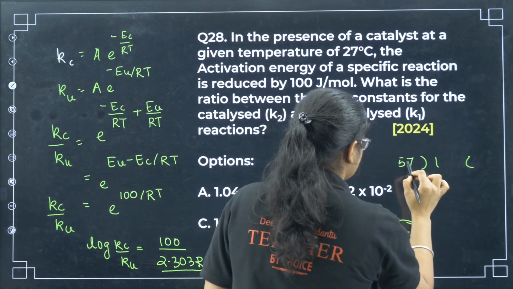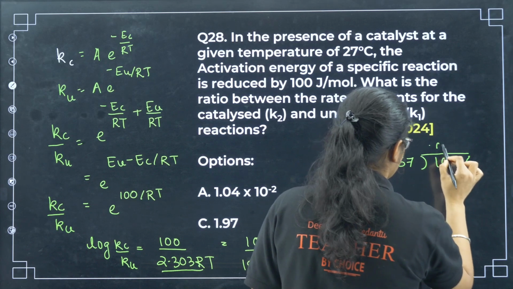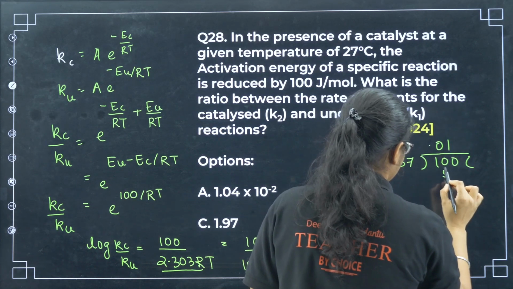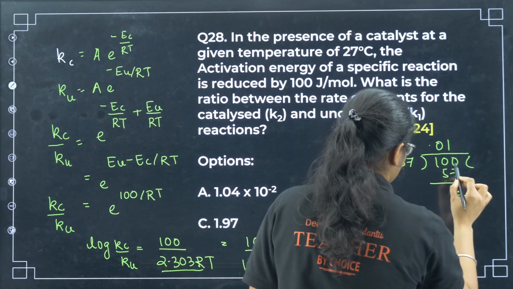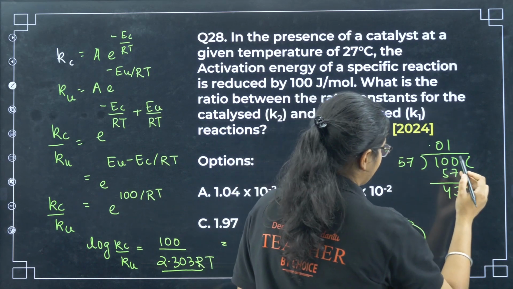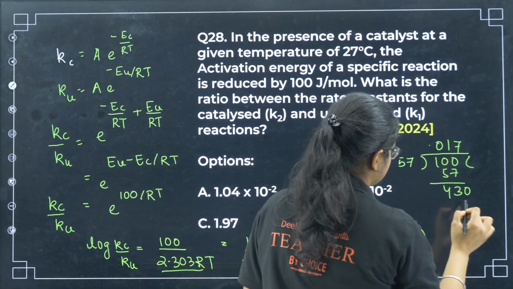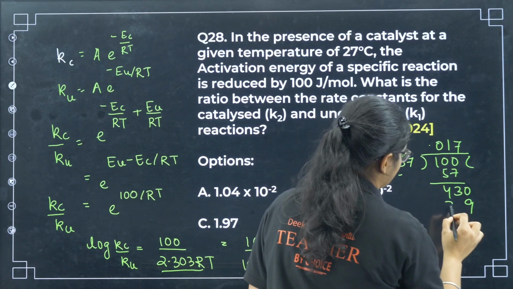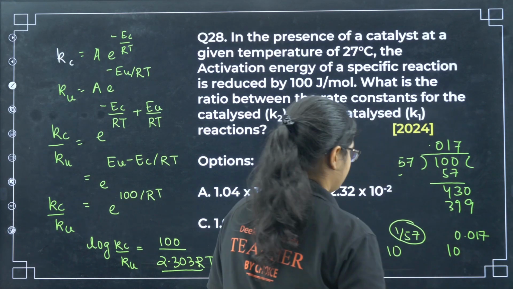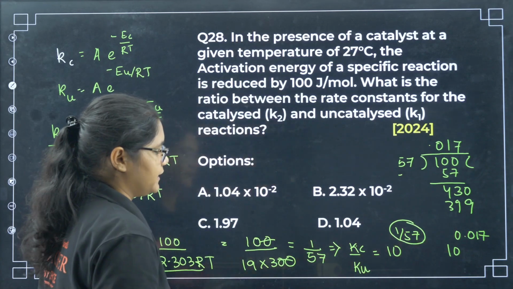If I just divide this one, 57, 43, and then 4 I can have 8 7s are 56, no, 7 I can have 7 7s are 49, 35 plus 4, so 0.017 something I will get, right?